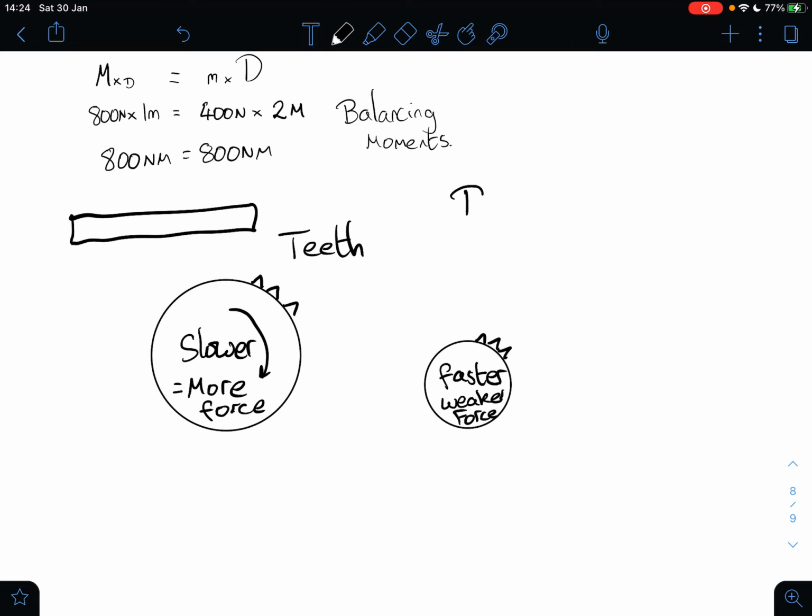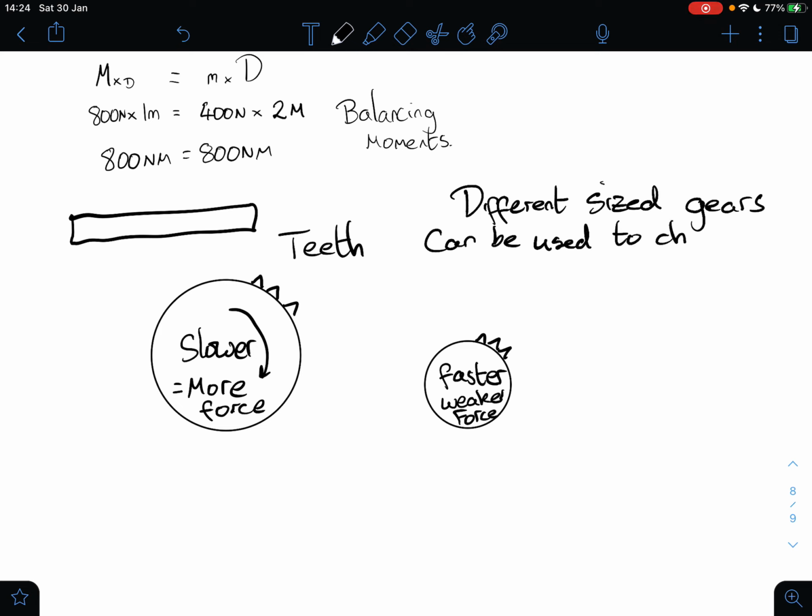So we can write: different sized gears can be used to change the moment of the force.